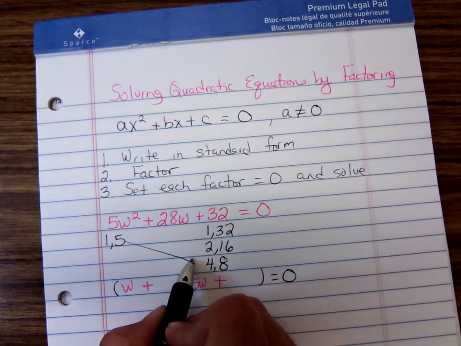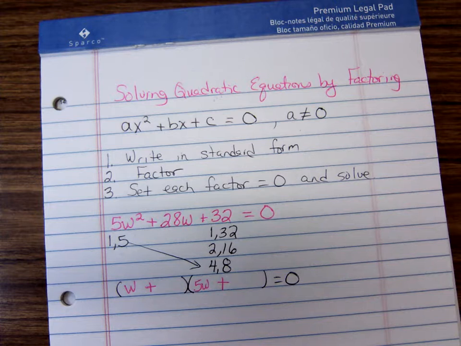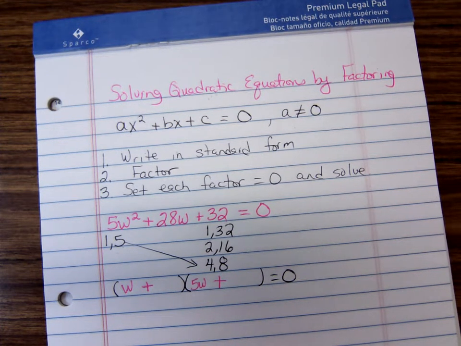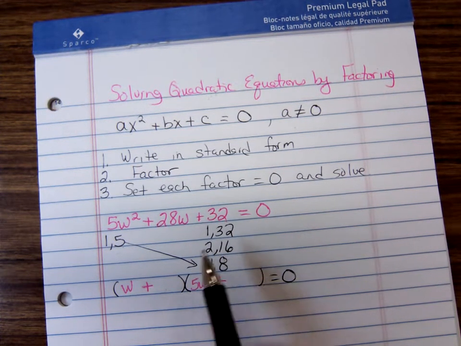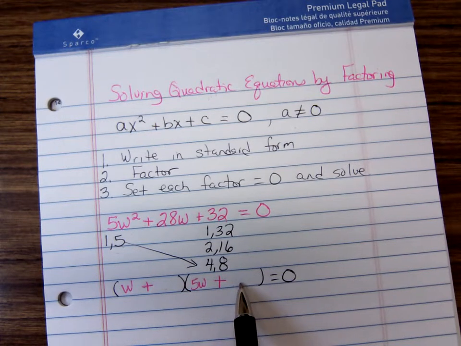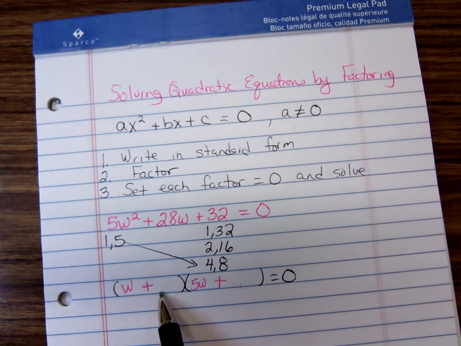I'll see if the 4 and 8 can work. I'll put 4 and 8. If that doesn't work, I'll put the 8 and 4. And then if that doesn't work, I'll move to the 2 and 16, 16 and 2. If those don't work, I'll try the 1 and 32 or the 32 and 1.